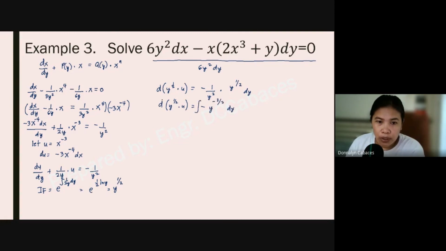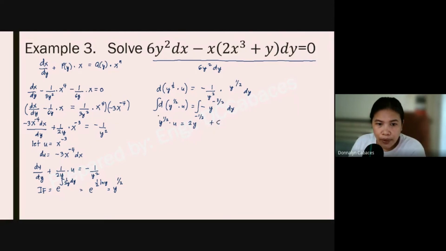Then we integrate both sides. So you have y to the 1/2 times u is equal to, what is the integral? So y to the negative 3/2 plus 1 is negative 1/2 over negative 1/2, and then times the negative. So that would be 2y to the negative 1/2 plus c.